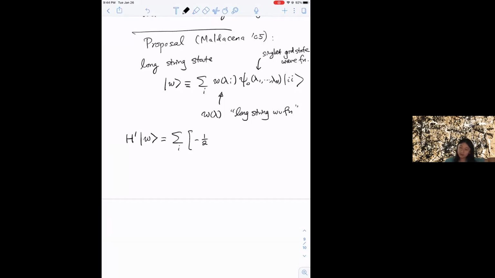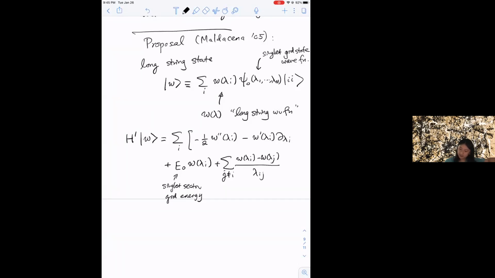There's some derivative on the W. So we have W''(lambda_i) minus W'(lambda_i) partial by partial lambda_i, plus E_0, the singlet sector ground state energy, times W(lambda_i). I don't really care what it is; we'll ignore this for most of our discussion. Plus, importantly, there's this interaction term, sum over j not equal to i, (W(lambda_i) minus W(lambda_j)) over lambda_ij squared.